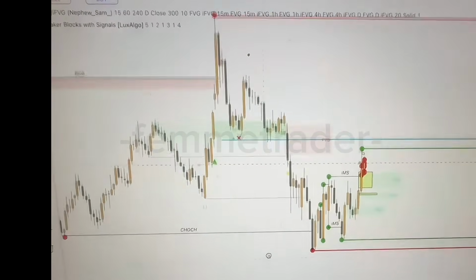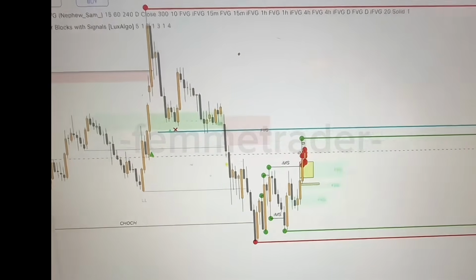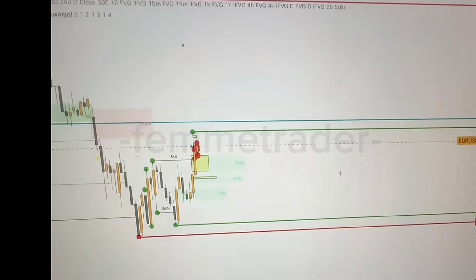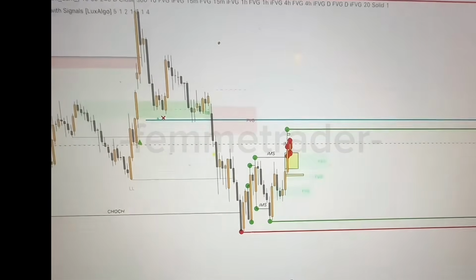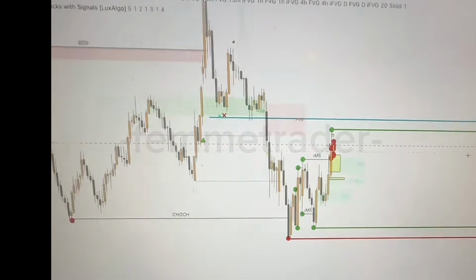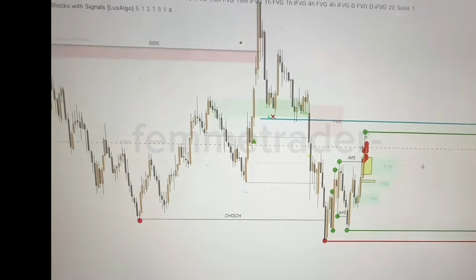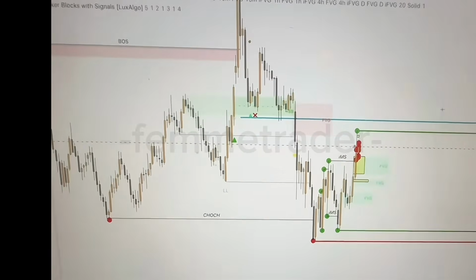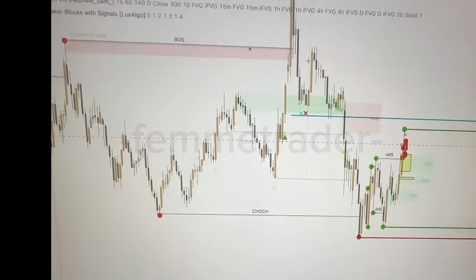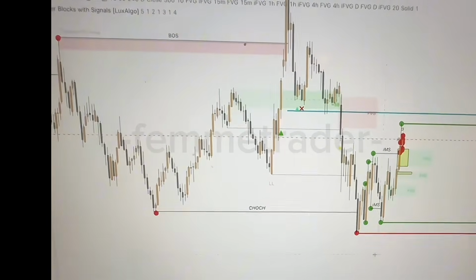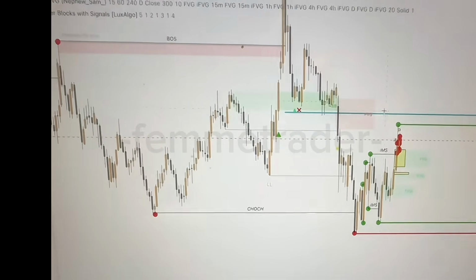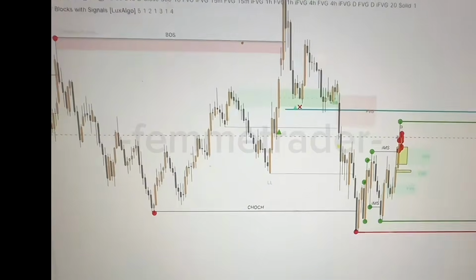So I'm focusing on this too. What that means is it's no longer going up, it's coming down. And before it can come down again, it has to go up for a while, then come down.